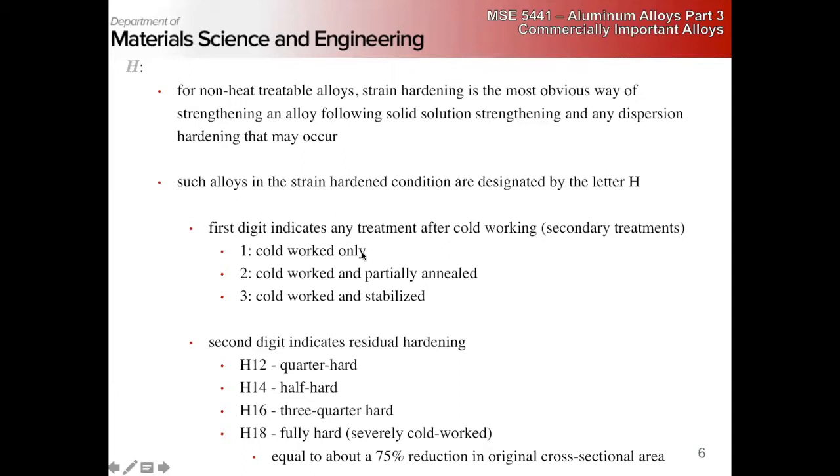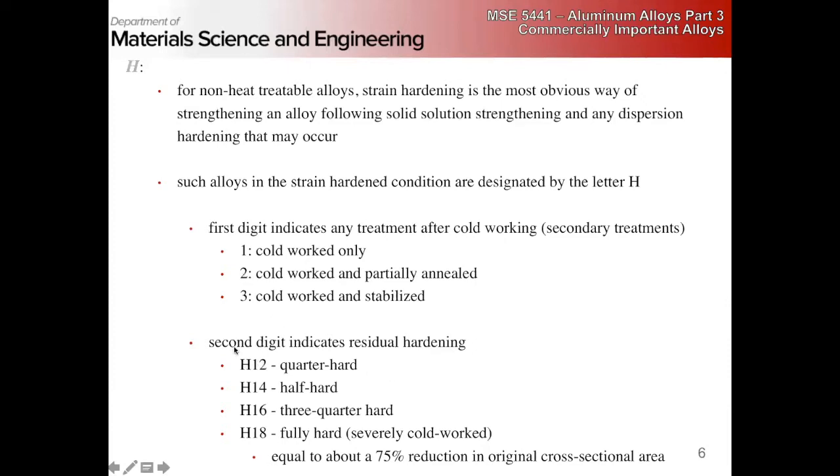So H1 is cold work. H2, cold worked and then partially annealed. H3 is cold worked and then given a very short heat treatment to stabilize, just to stabilize it, but not to introduce any annealing or larger amount of softening that you would get in the H2 state.